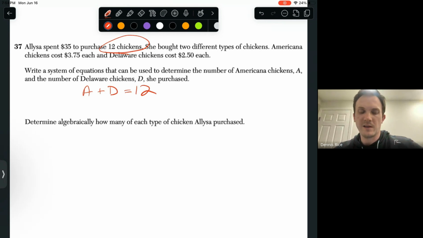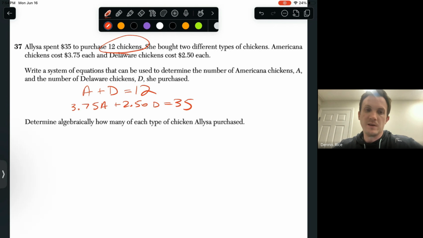Most commonly, these have 2 money equations, like Emily paid this and Joe paid this. This one has 2 different types of equations. So now my second one is going to involve coefficients: 3.75a plus 2.50d equals 35. And now we want to solve this.